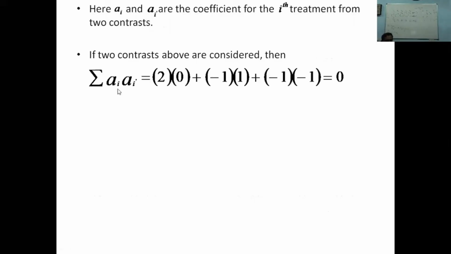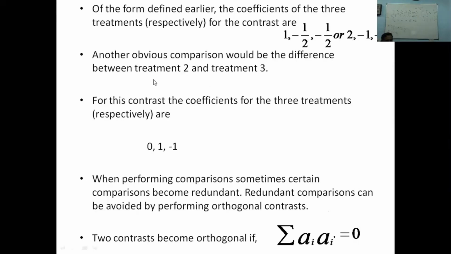Here ai and a'i are the coefficients of the i-th treatment from 2 contrasts. If the 2 contrasts above are considered, then this is what I said in the earlier example. In the earlier example, we have 2, minus 1, minus 1.